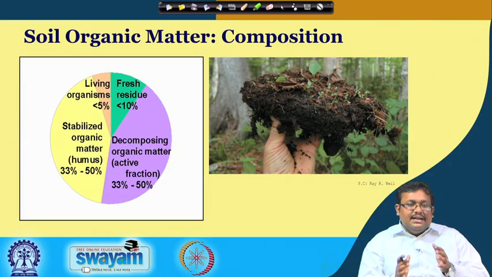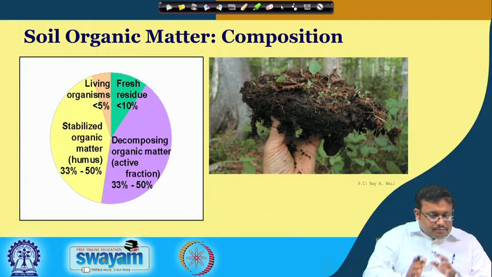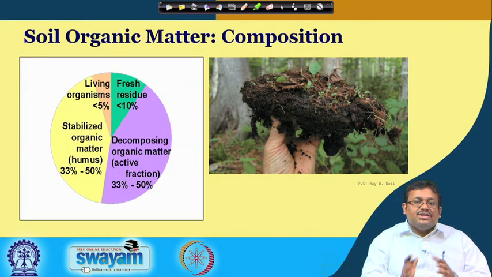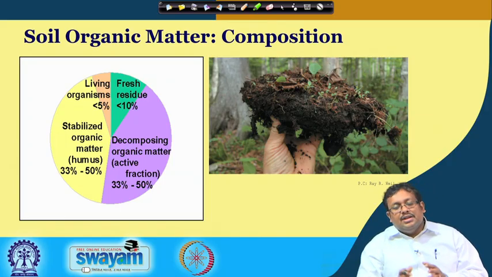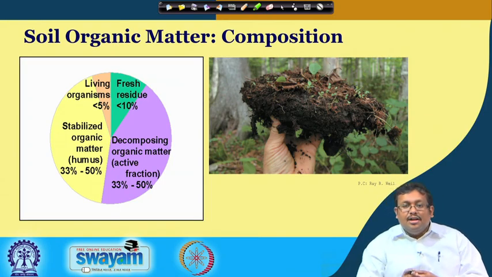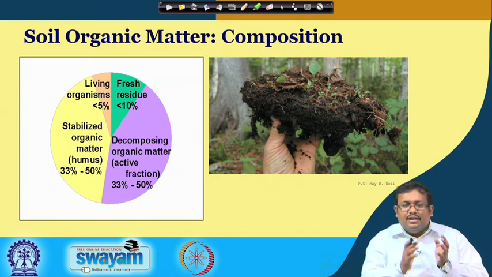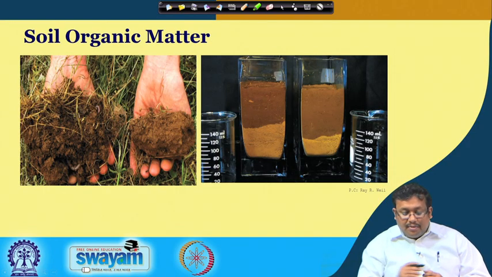That means it is an altered product from the original organic fractions, and it is the most important fraction among soil organic matter that controls soil physical, chemical and biological properties. We will discuss in detail the composition and how humus forms in later classes.